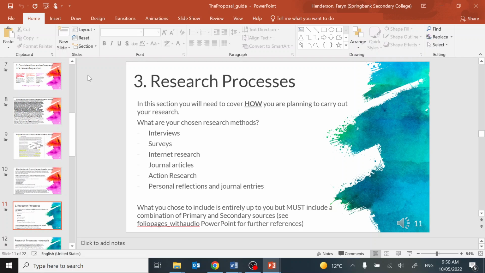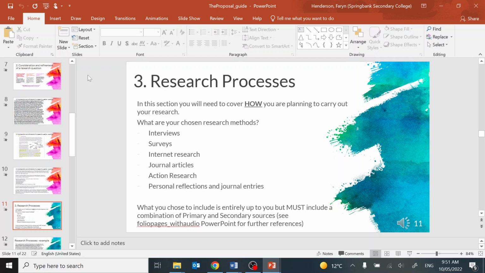So obviously primary sources would be the interviews or the surveys that you conducted, or even some action research or whatever it is. So it is ideal, especially if you're wanting those higher grade bands, that you are conducting some primary research.